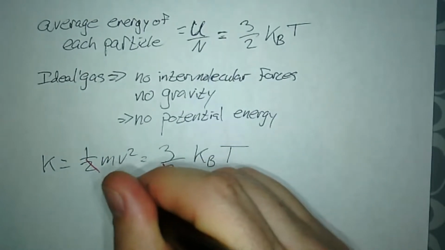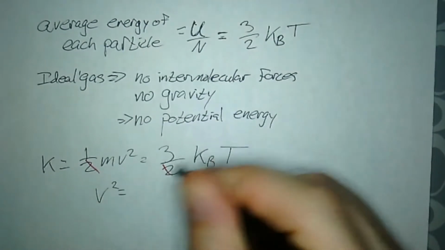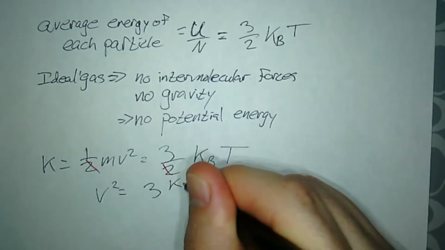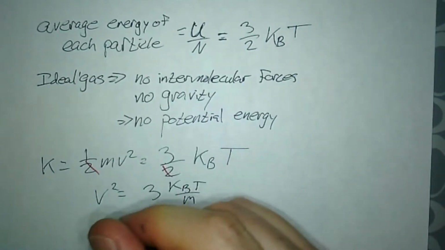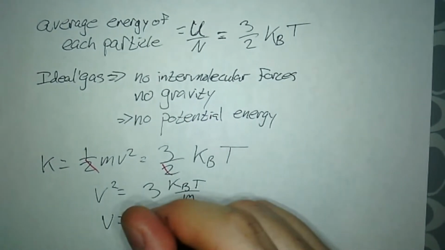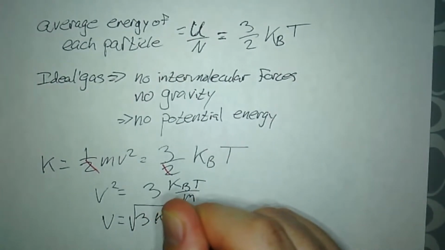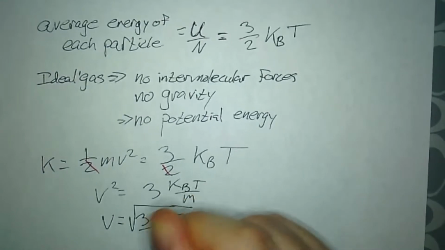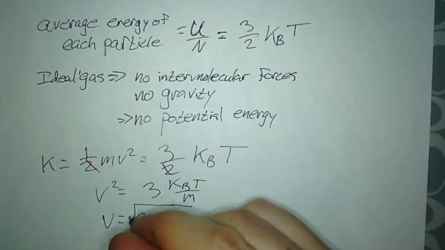So I'm going to get v squared equals 3kbT over m. And then v is equal to the square root of 3kbT over m. Let's make sure this looks like it's in there, in that square root.